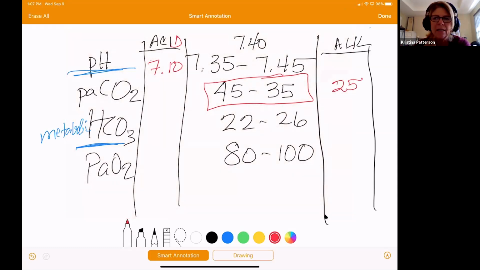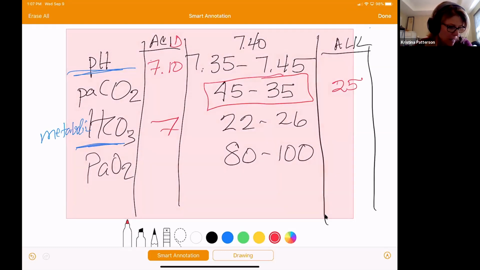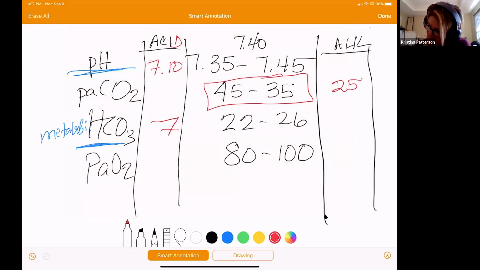We have a bicarb of 7, which is less than 22, so that's over here. And we have a PaO2 of 95, which is perfectly normal. All right, so again, where's our match? As you can see, our match is here.